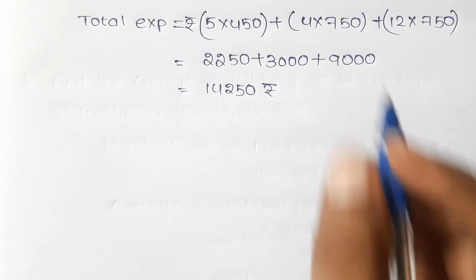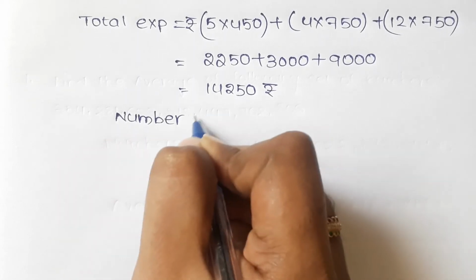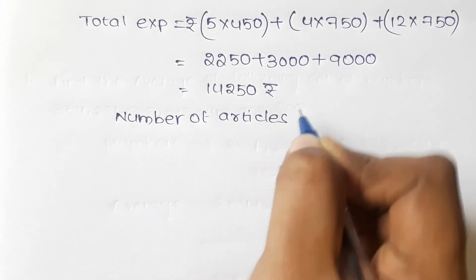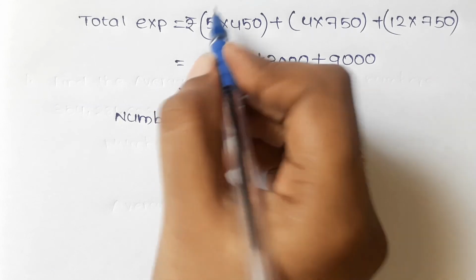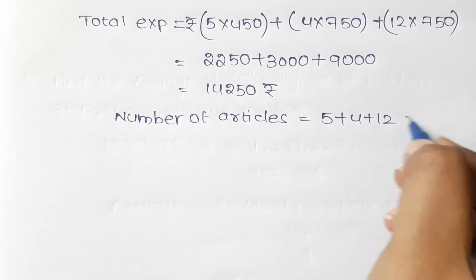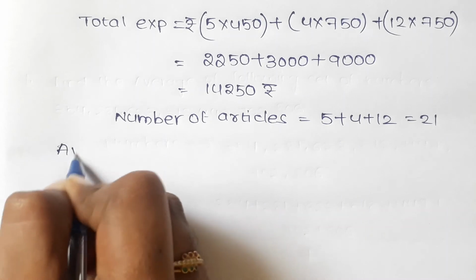And now let us find the number of articles. The number of articles is equal to 5 shirts, 4 trousers and 12 pairs of shoes, totally 21. And now let us find the average expenditure.